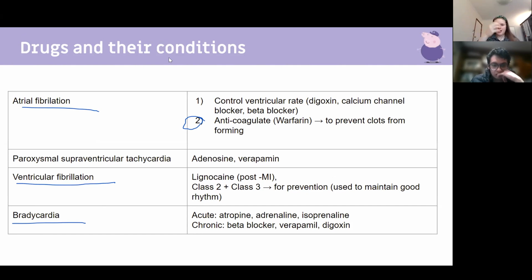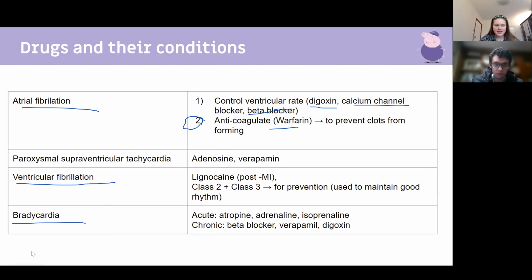If it pools, it can form clots, and those clots can travel around and lodge in the brain. So a big one we use, in addition to digoxin or calcium channel blockers or beta blockers, is warfarin, which is an anticoagulant, stopping clots from forming.